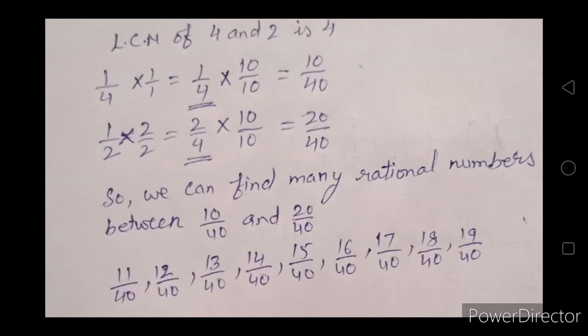First we will convert the given numbers into equivalent fractions, then we will find the numbers in between them. This is the simplest way. Whatever the numbers are, we need to make the denominators equal, then we can find as many numbers as we require.